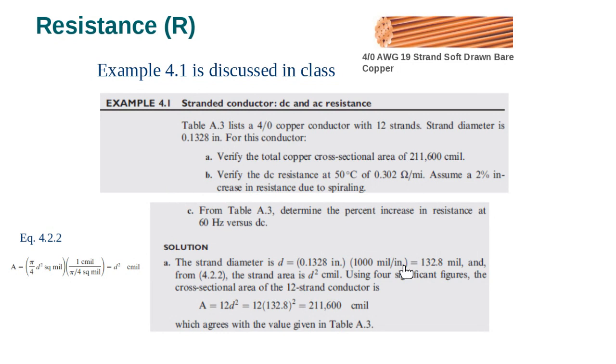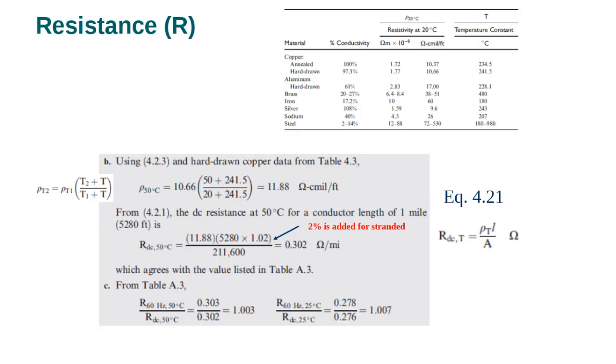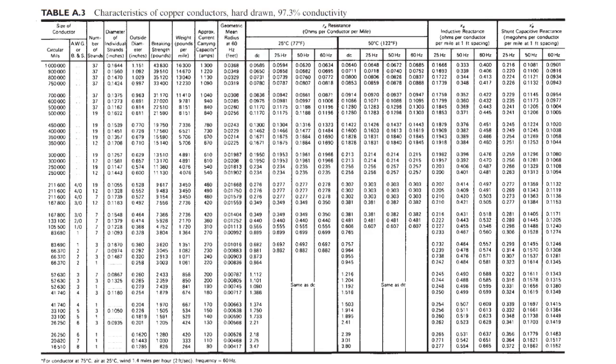How do we calculate this one? What is given? Given 12 strands, and the diameter is 0.1328 for each strand. Where do we get this 0.1328? We get it from the table. Strand outside diameter in inches.